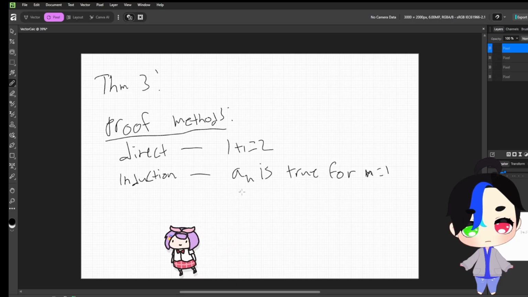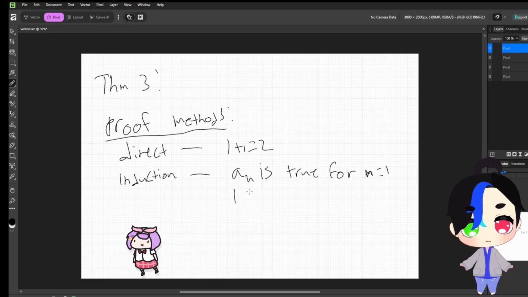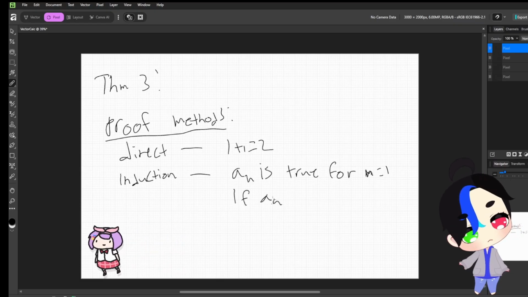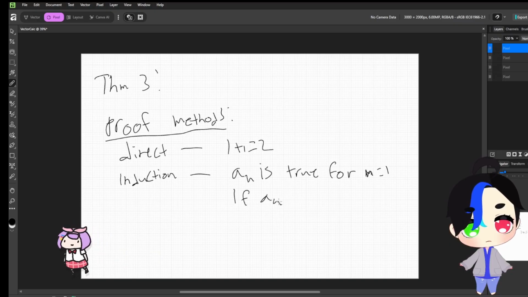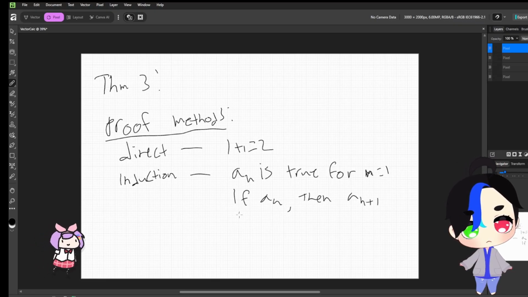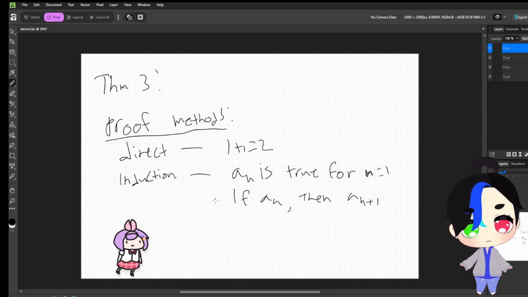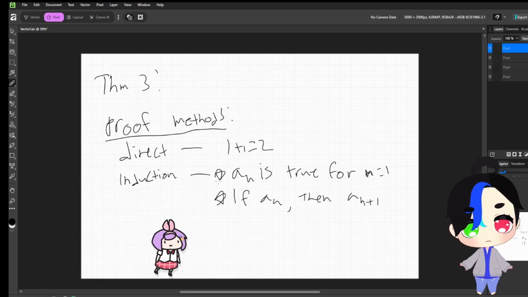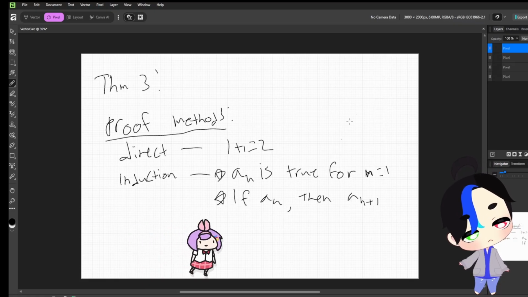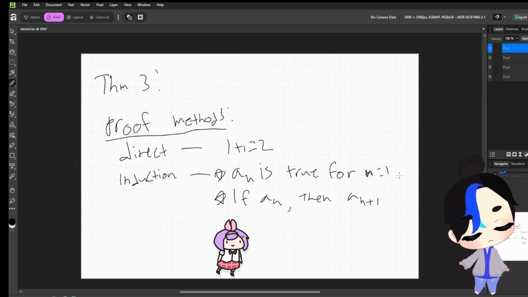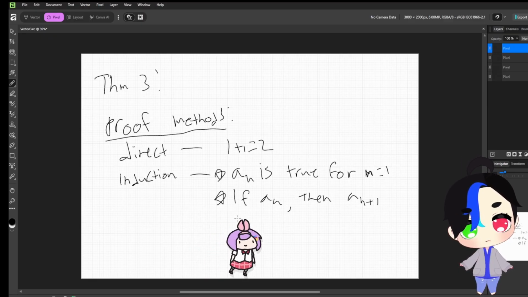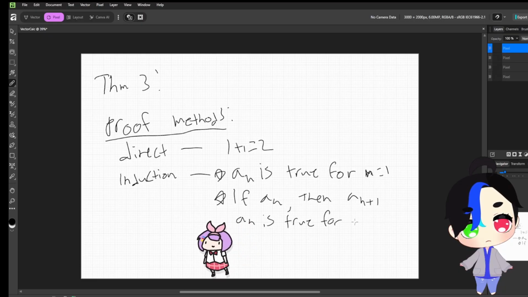If I prove that if some arbitrary statement A_n is true, then it's true for the next one in the sequence, then by induction, you can start building like a ladder. If this statement is true, then it must be true for n = 2. And if it's true for n = 2, it has to be true for n = 3, and so on and so forth. So you can say that A_n is true for all counting numbers.